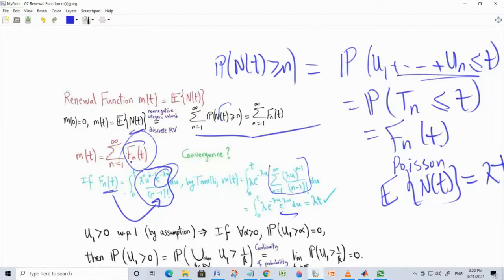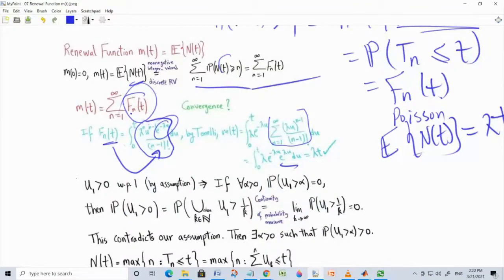But then, thinking about it, I found in some reference a nicer result, that all the moments of N(t) are finite for a finite t, so long as you assume that the interarrival time is strictly positive with probability 1. It is not just that the first moment is finite, actually all the moments.